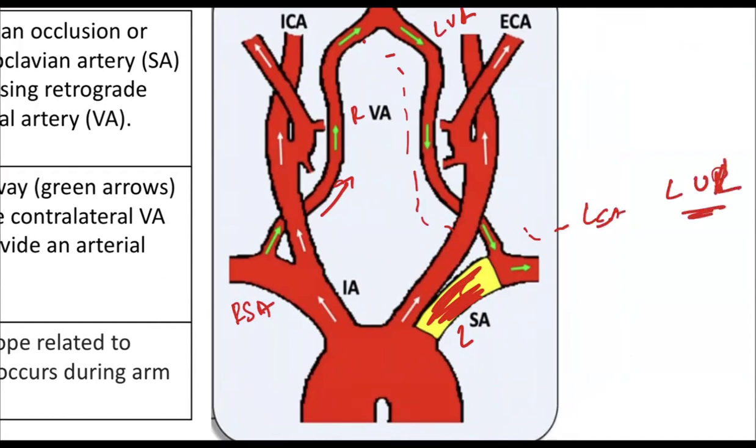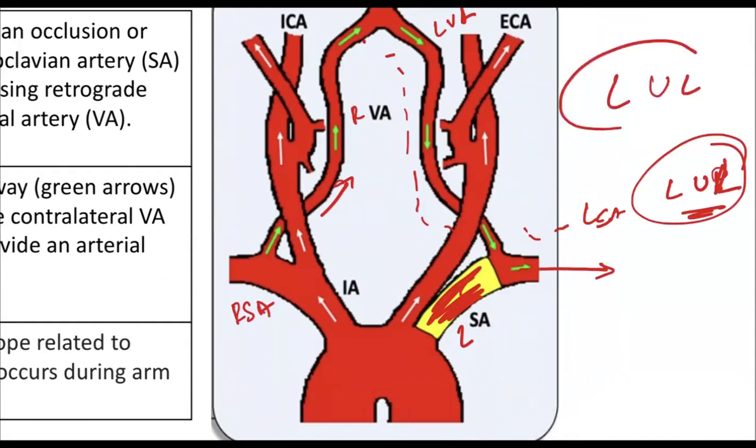So what happens? The blood you are getting in the left upper limb is very minimal. So once you start using this arm, it requires more blood supply. It will suck more blood from the right vertebral artery into the left vertebral artery, getting into the subclavian artery. What will happen? The blood supply to the basilar artery will reduce drastically.